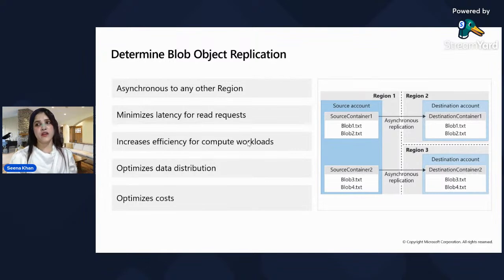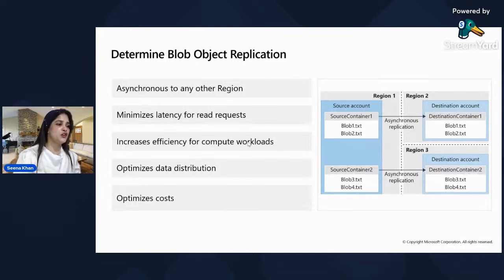Things to consider when configuring object replication: consider latency reductions, minimizing latency with blob object replication. You can reduce latency for read requests by enabling clients to consume data from a region in closer physical proximity. Then consider efficiency for compute workloads.